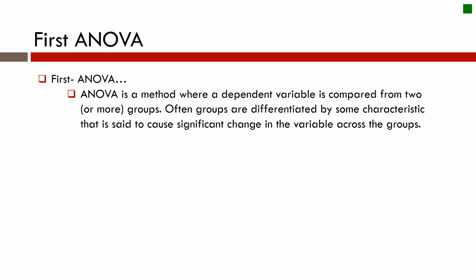So ANOVA is a method where there's a dependent variable, and it's compared between two or more different groups.